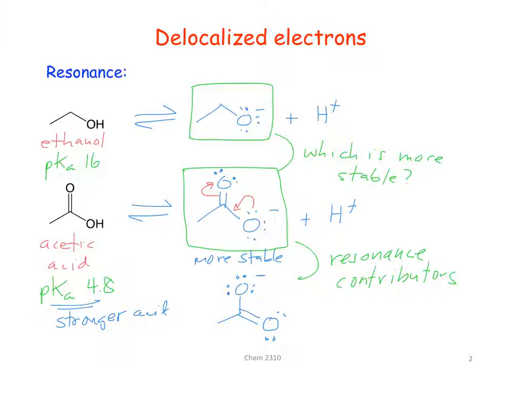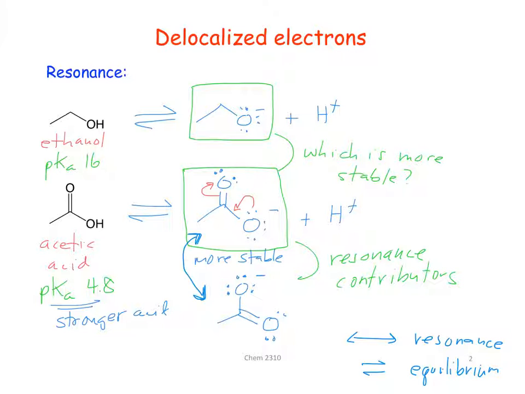To show that these are resonance contributors, we use a double-ended arrow like this. This kind of arrow is reserved for resonance, and that could be compared to the other kind of arrow up there, which is for equilibrium.